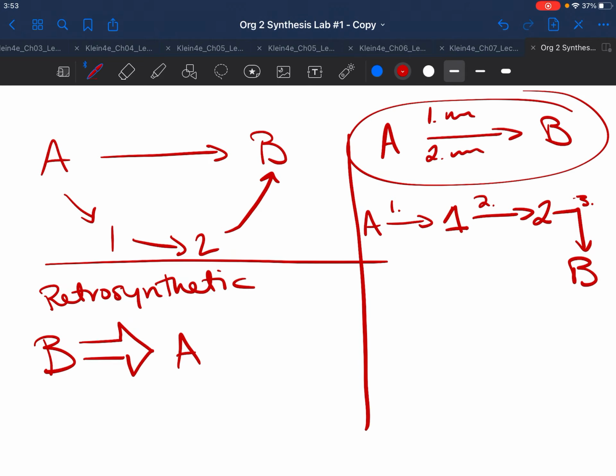Another thing that I want to mention here, if you had Organic 1 with me, you might remember this. I am happy to look at your work and give you feedback if you send it to me before the day it's due. This can even be just the night before it's due. If you send it to me the day it's due, I don't promise to give you feedback.